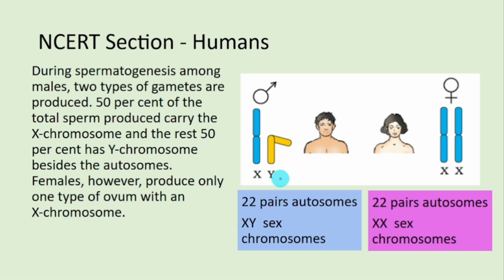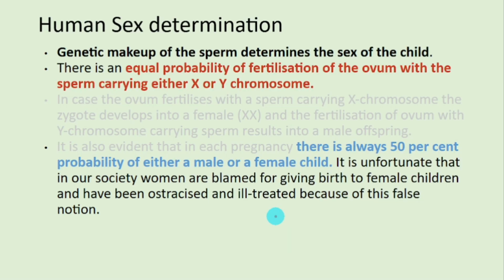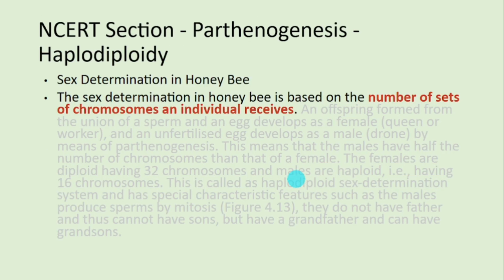Because this produces two different types of gametes and this produces the same type of gametes, you will have 50% probability of the zygote being male or female. Instead of 50%, you can also say equal probability.